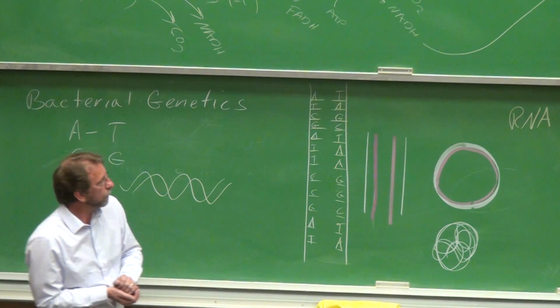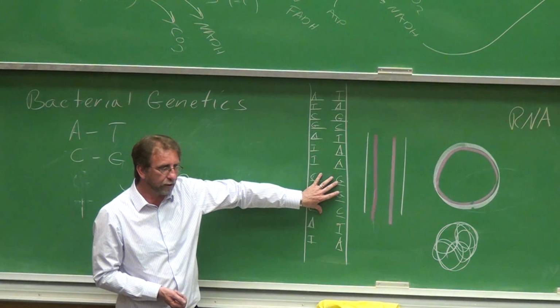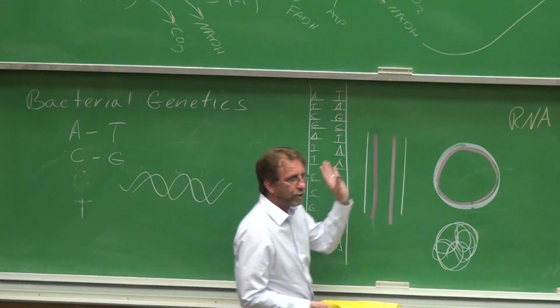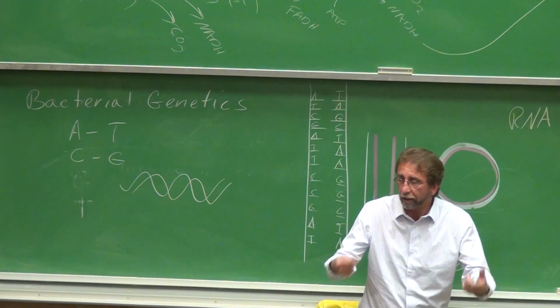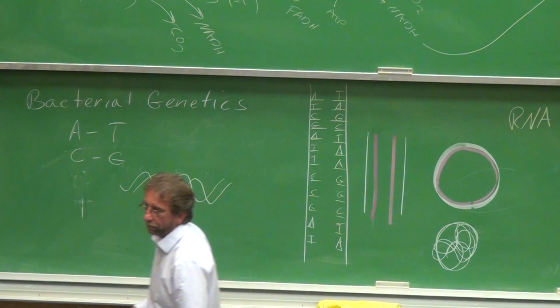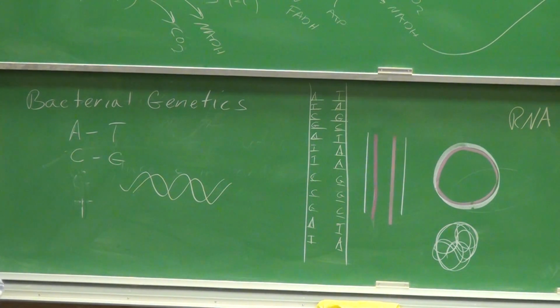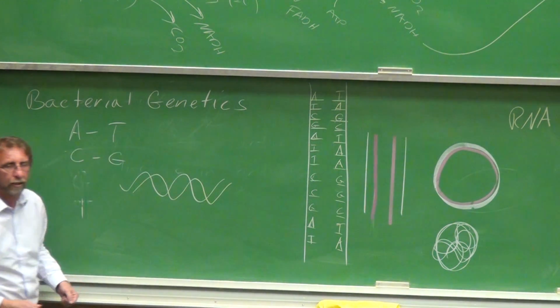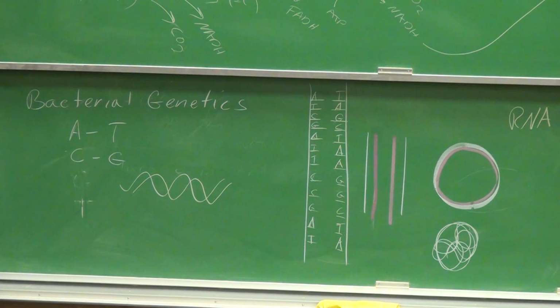This molecule reads the message that the DNA molecule has and transcribes it, if you will, into a protein, so that we can then do work with that protein. We've got to take this DNA message and synthesize proteins from it.